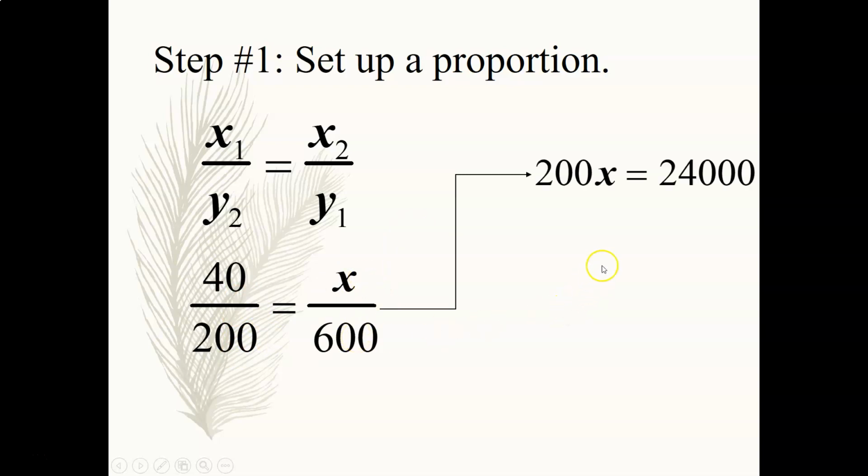Therefore, x equals 120 pounds. So here, just determine which one is y and which one is x, and then you can solve for the value of the unknown.